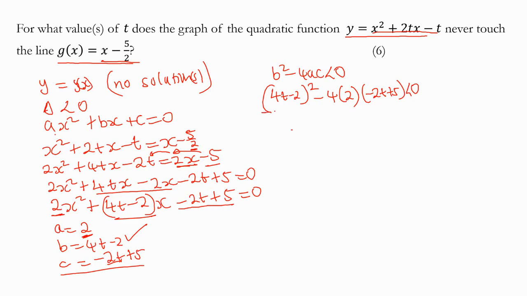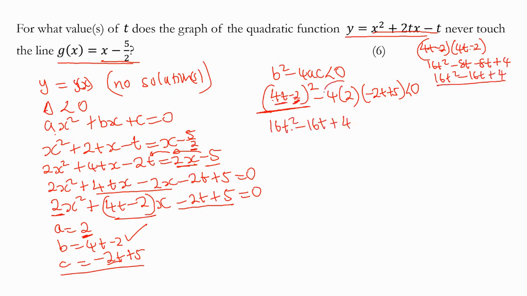You can use FOIL for this. 4t minus 2 times 4t minus 2. 4t times 4t is 16t squared. 4t times negative 2 is negative 8t. Negative 2 times 4t is negative 8t. Negative 2 times negative 2 is plus 4. Then you get 16t squared minus 16t plus 4.